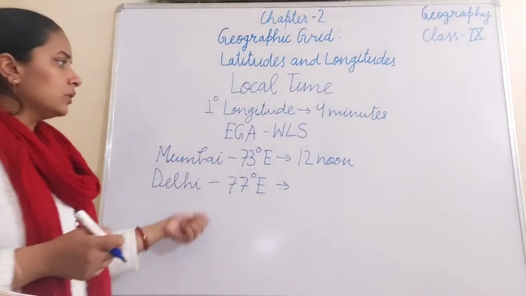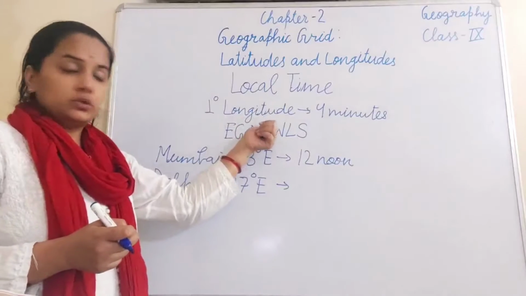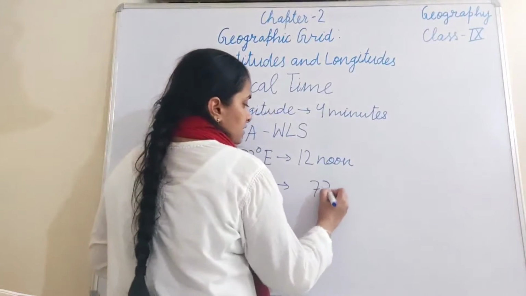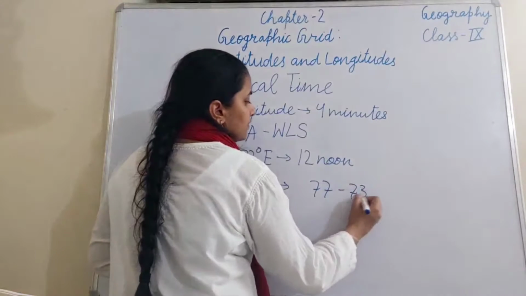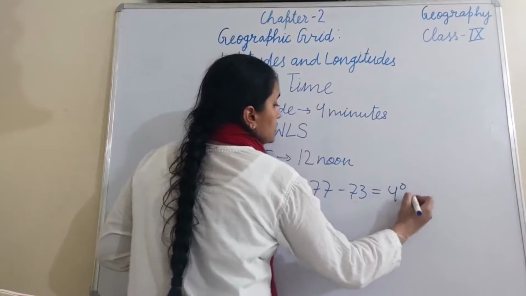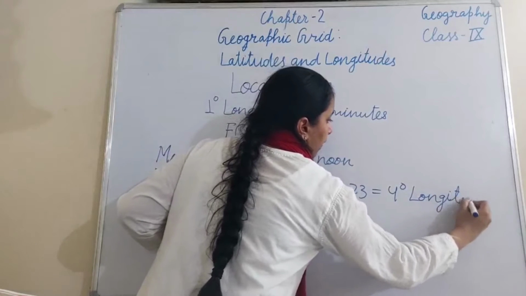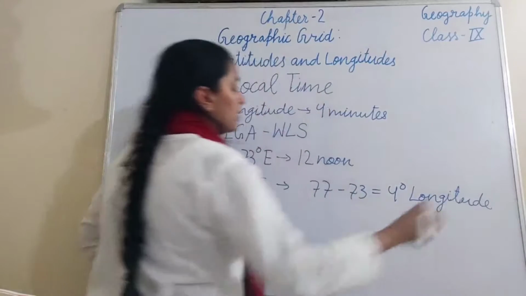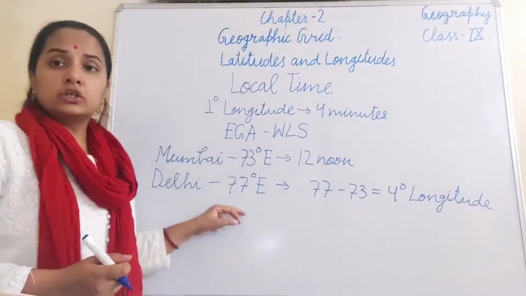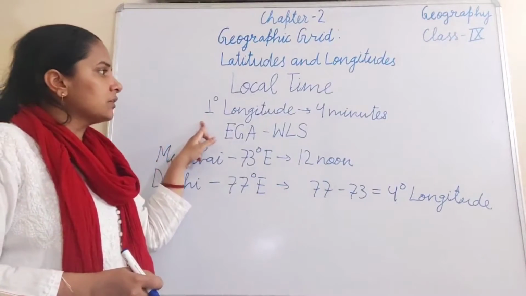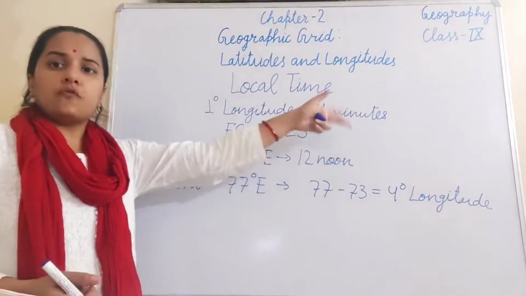First we will calculate the difference in the longitude. This is 73 degrees, this is 77 degrees. 77 minus 73 is 4 degrees of longitude. The difference in the longitude is 4 degrees, and we know that for each degree of longitude the difference is 4 minutes.